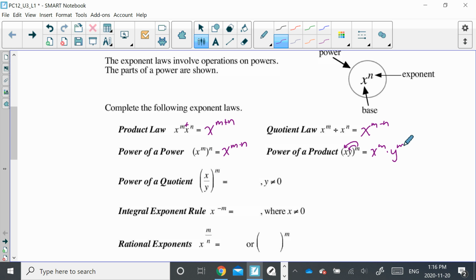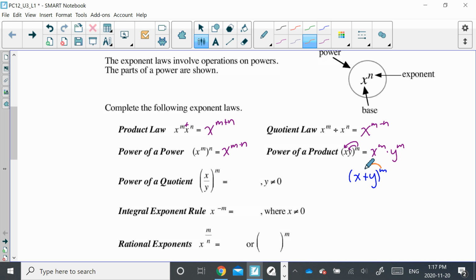I want to show you a mistake that students commonly make with this law. Inside the bracket, it has to be a product, so x times y. Students will sometimes be given x plus y to the power of m, and they will make a Math 10C mistake.